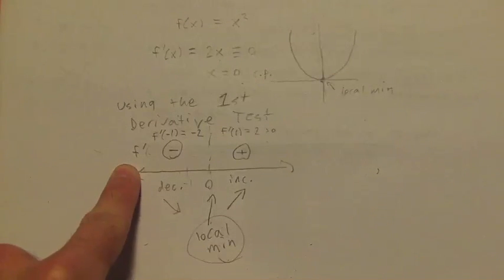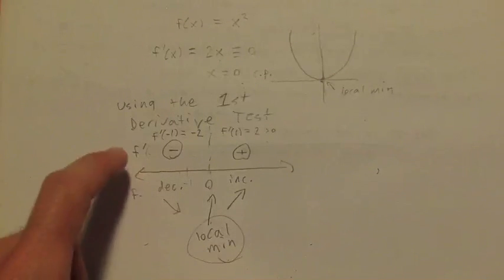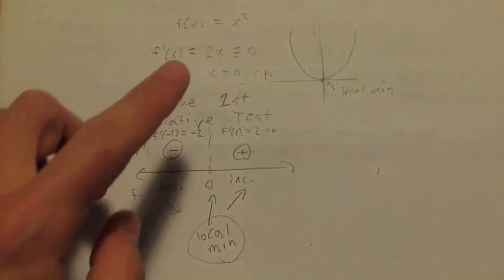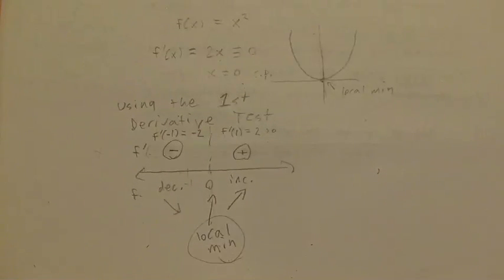Think about that. We would have to find a place where f prime is 0, but we only found one spot where f prime is 0, right? So what we've basically done is split up the interval into the only possible places where f prime can be 0. In other words, the only possible places where f could have a turning point or a local max or min.